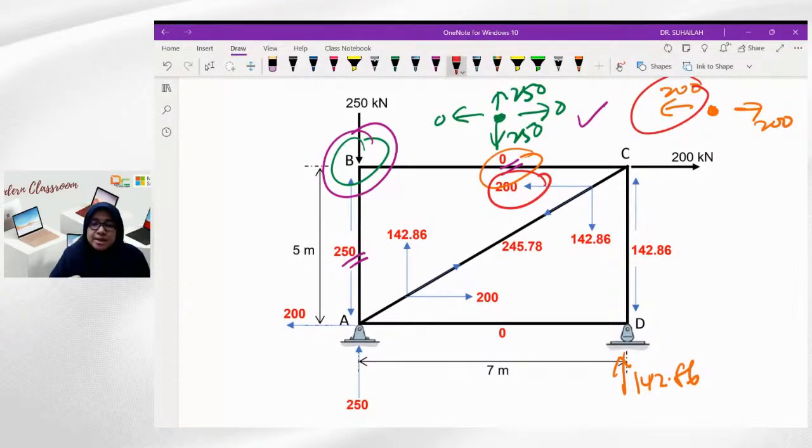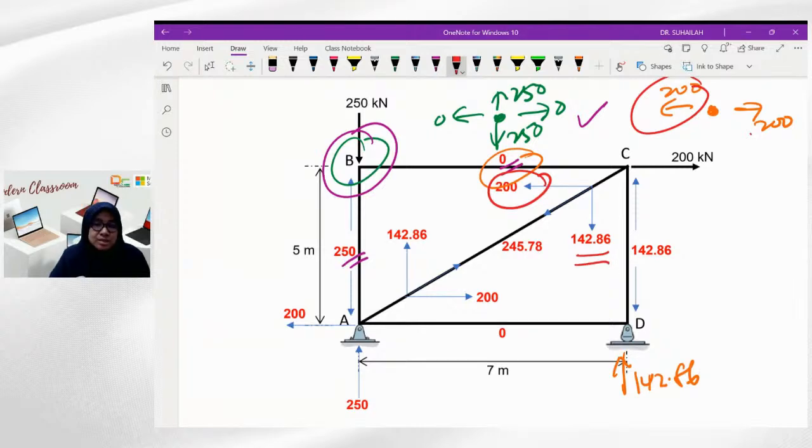This one. It means that the inclined member AC, we have to resolve in X and Y. So the X value will be 200, in the left direction, so that it balances this. And after that, we have to interpolate to determine 142.86.